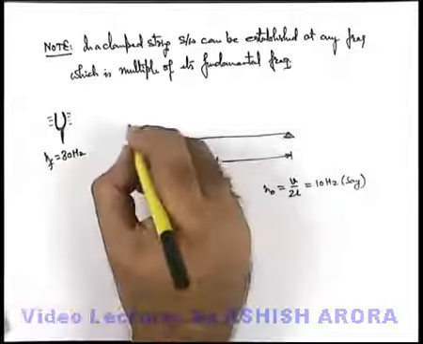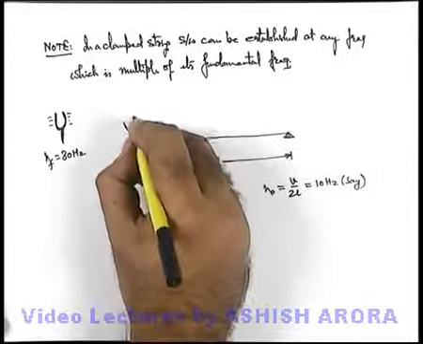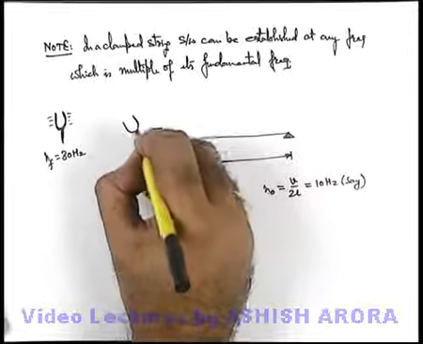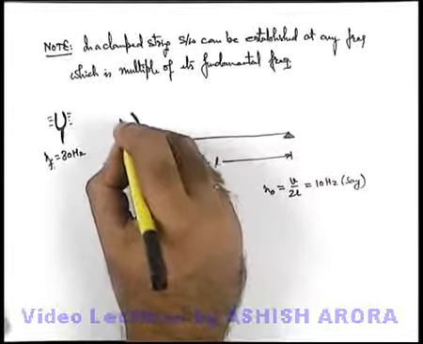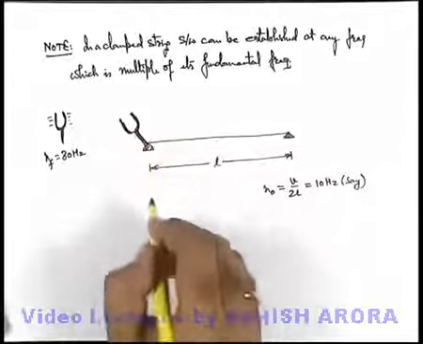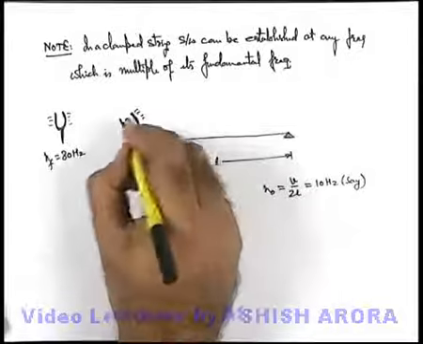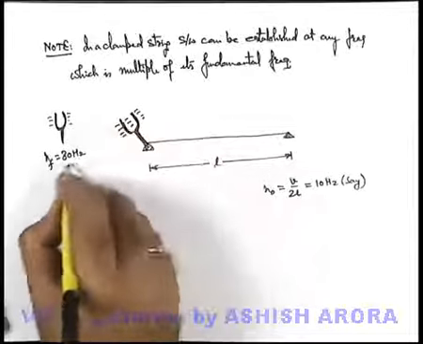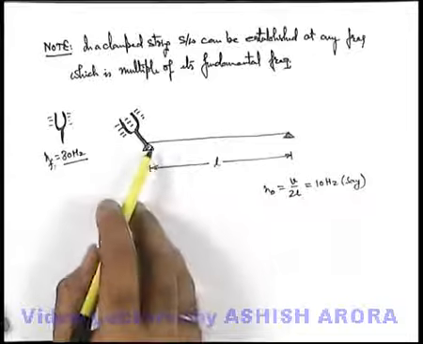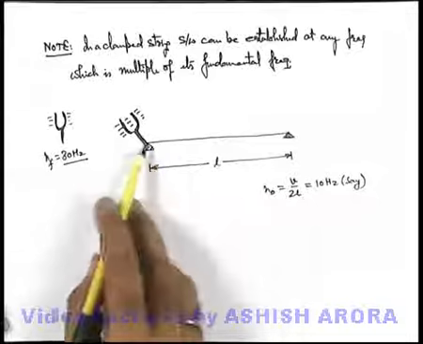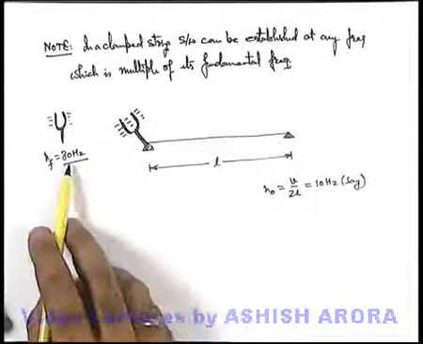If the fork is brought close and it is connected to the clamp or a string through which the oscillations can be transferred, and the tuning fork is oscillating at a frequency of 30 Hz, the clamp as well as the string will start oscillating at 30 Hz.